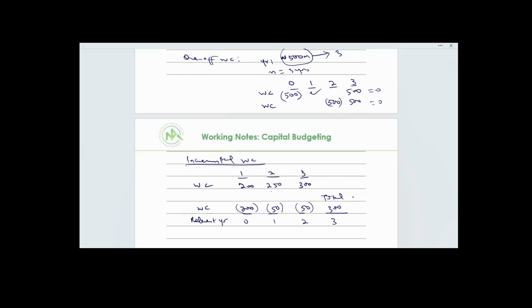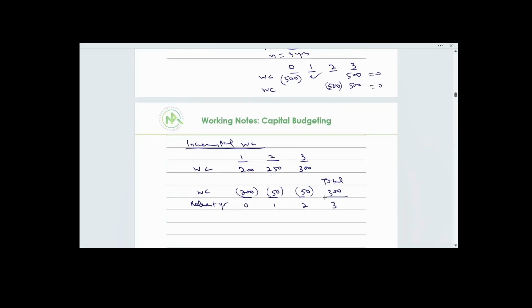In recent time, whenever you have a question under capital budgeting, there's usually working capital and it's usually an incremental working capital. So we are going to test different scenario questions, then you'll be able to see how to calculate working capital in a question. So this is where we are going to draw the curtain for today.